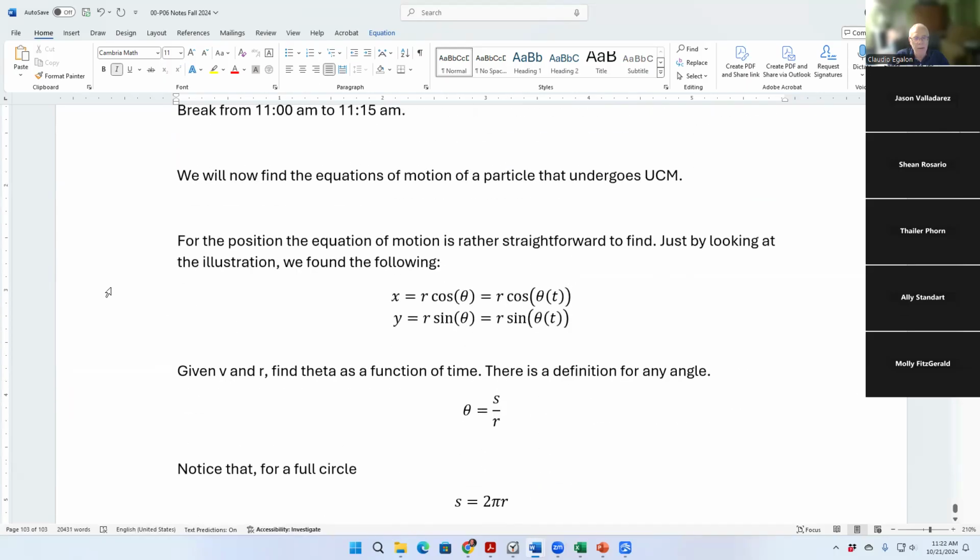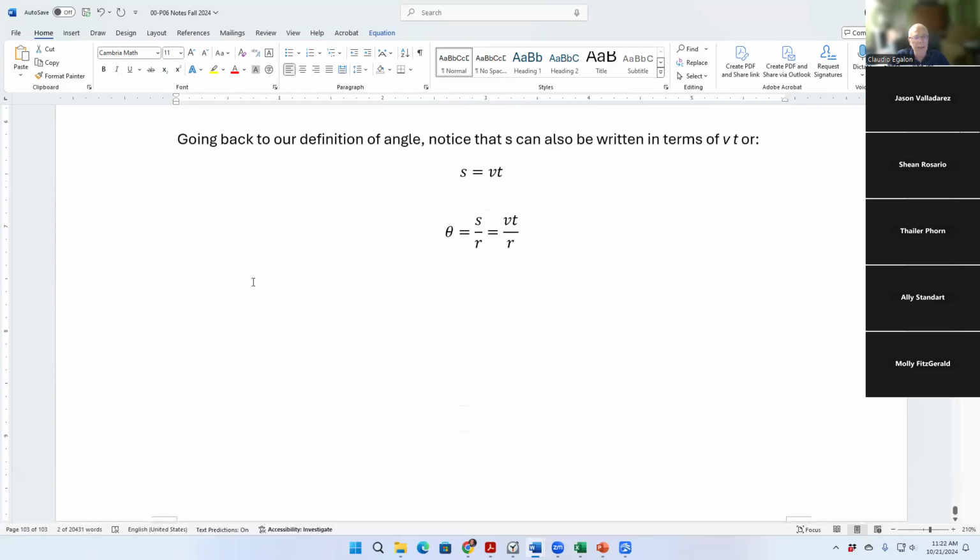Not only for the X and Y coordinates, but also for the R and theta coordinates.